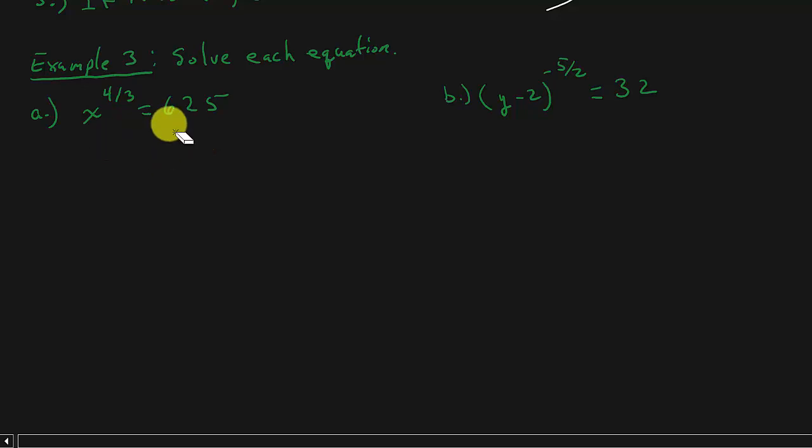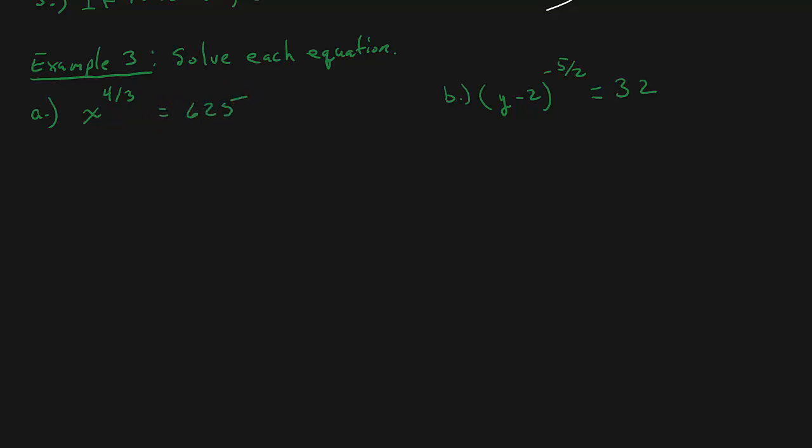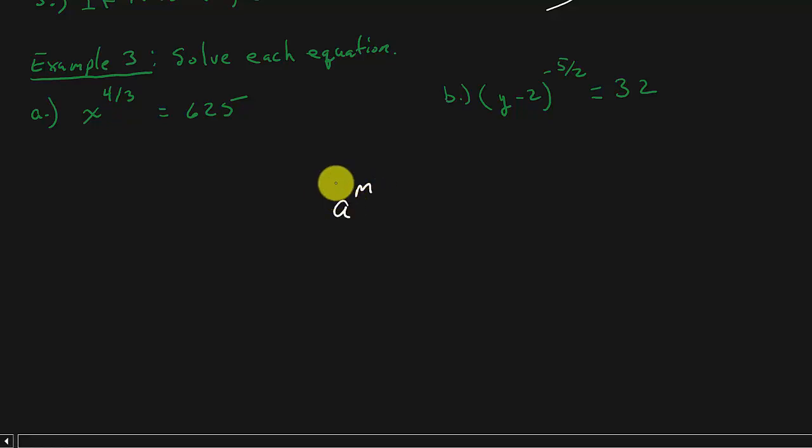Well, how do we do that? Let me move this over some. Equals 625. All right. So how do we go about doing this? Well, remember when you had a to the m raised to the n, that's a to the m times n, you multiply the exponents.